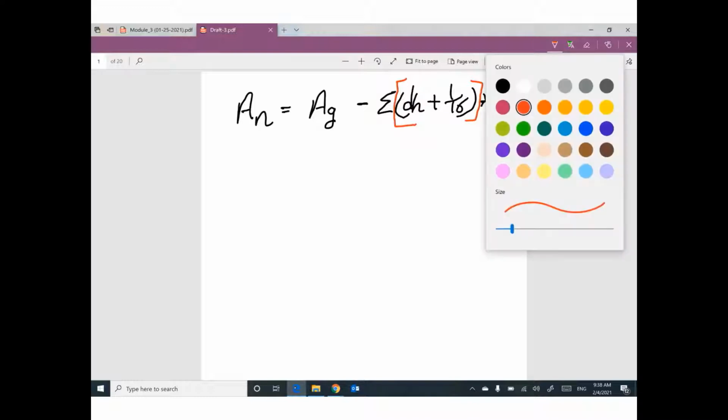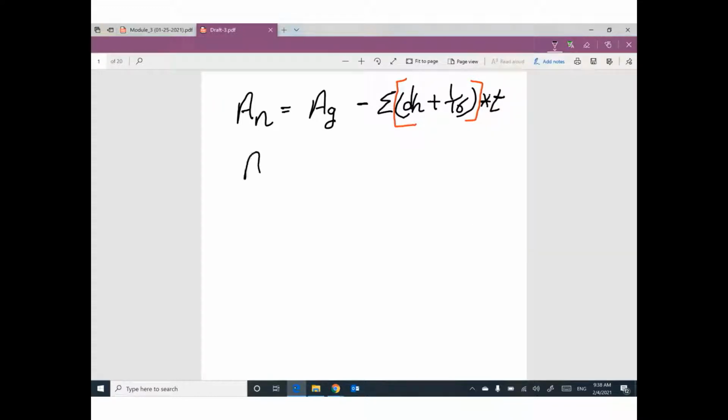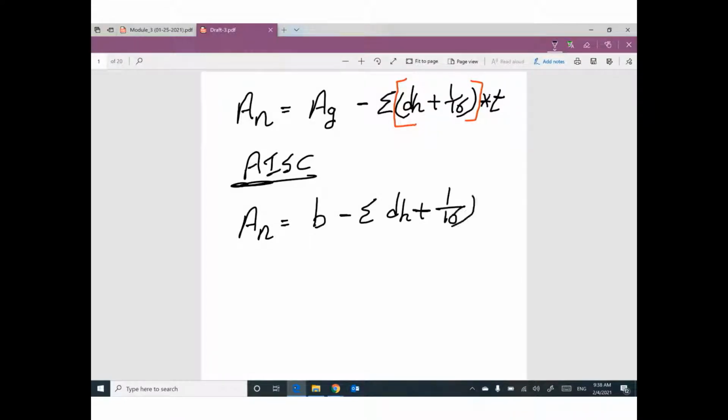If you open the standard for AISC, American Institute of Steel Construction, you can find area net equals B, not area gross, B minus summation of d hole plus 1/16, all of them times t.